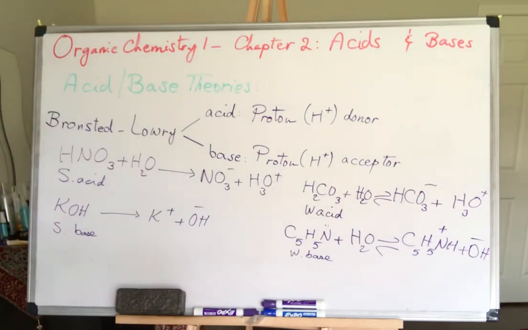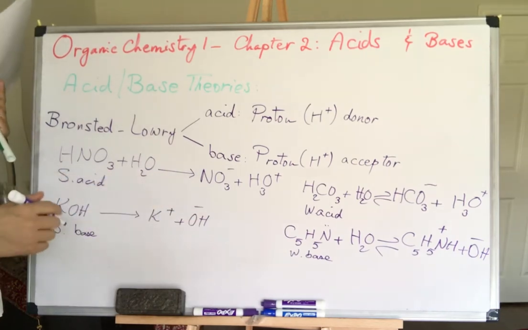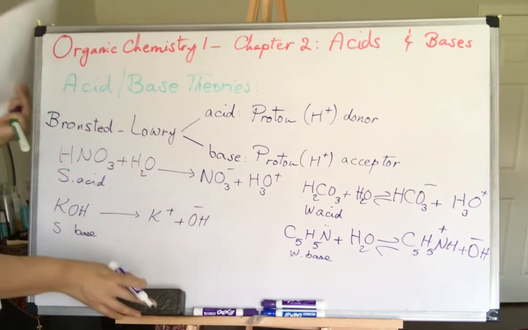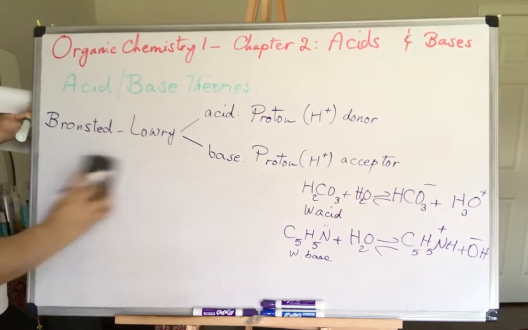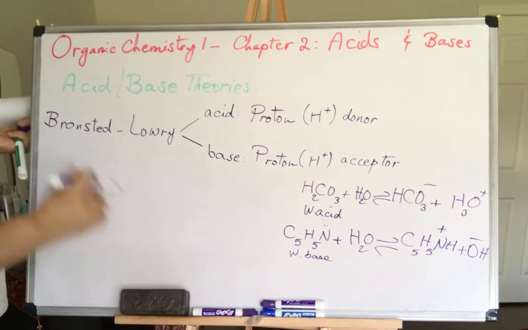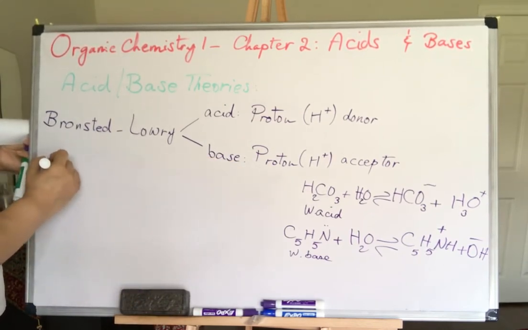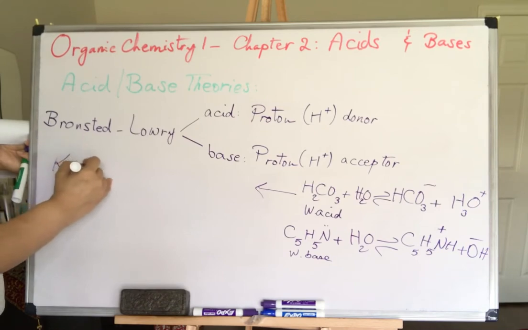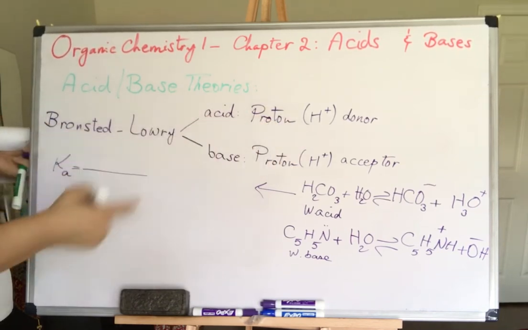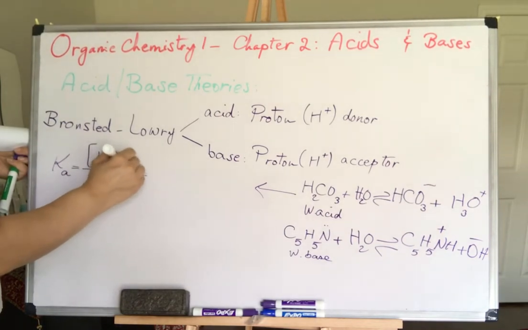So, you remember from Chem 2 that for weak acids and bases, you can write K equilibrium, acidic constant. So, for example, for H2CO3, you will write down for this Ka, you remember, the molar concentration of products divided by molar concentration of the reactants.